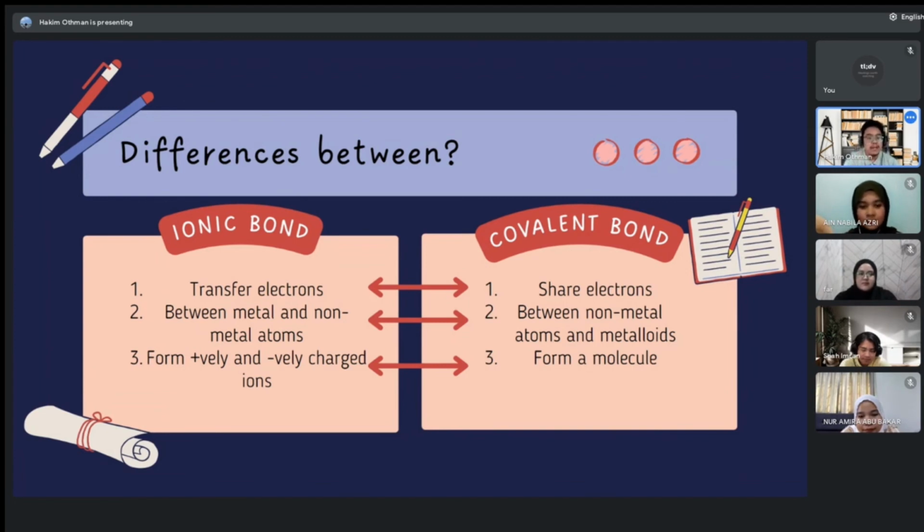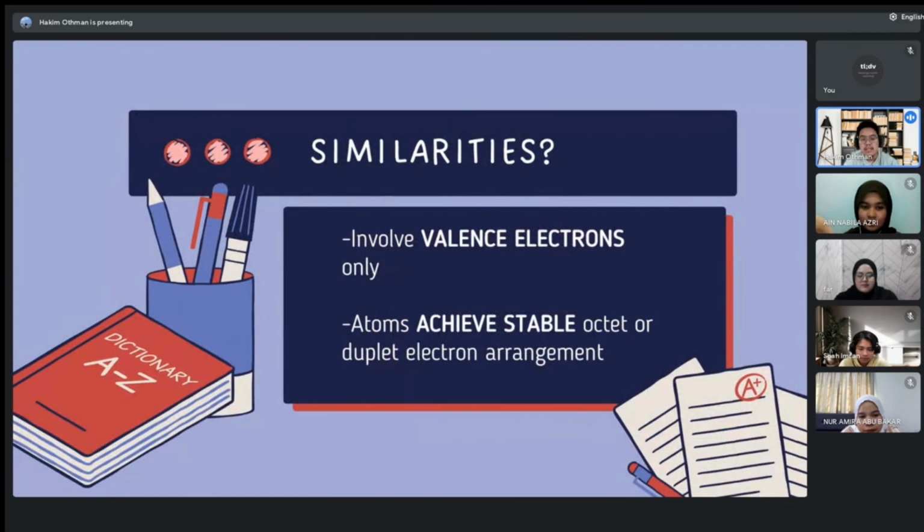Number three, ionic bond forms positively and negatively charged ions, while covalent bond only forms a molecule. And the similarities of both bonds is that they involve valence electrons only, and the atoms achieve stable octet, which is 8, as I've mentioned, or duplet, 2, electron arrangement. Do you guys understand? Yes, so far, yes. Okay, good.